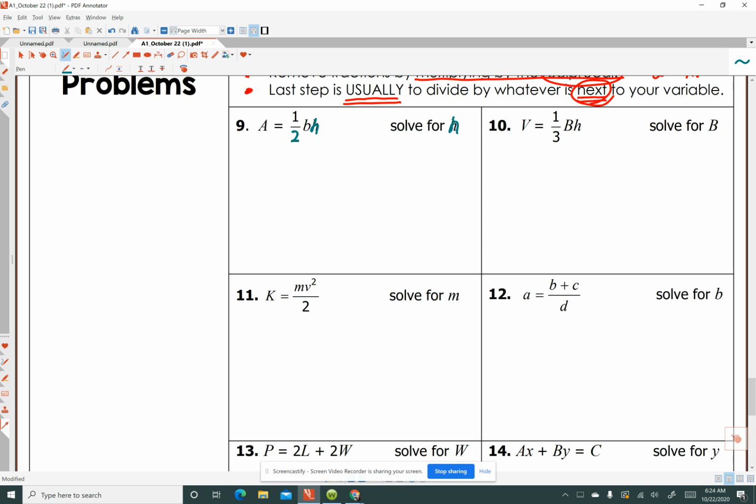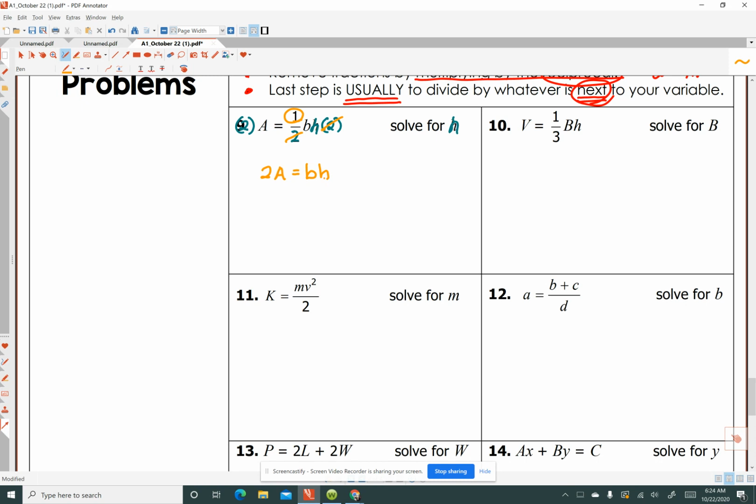So let's multiply both sides of the equation by 2. And now I have 2a equals, now this becomes an invisible 1. The 1 becomes invisible. 2a equals bh.